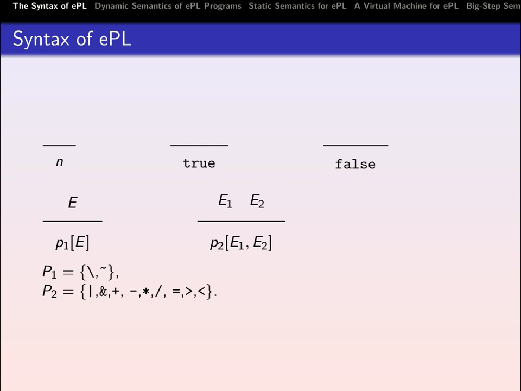The one at the left, the one that has n underneath, below the line, that's actually an inductive rule scheme. It's not a single inductive rule there. We have a set of inductive rules. In other words, we're saying that there's an infinity of rules saying that every single number is a correct expression.